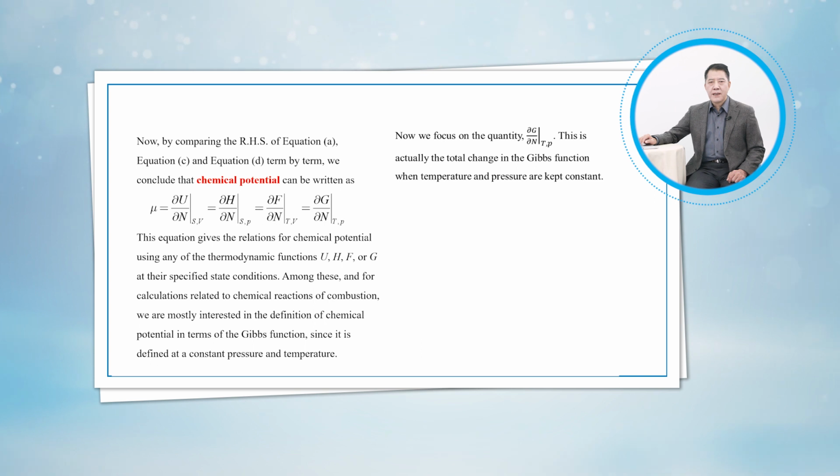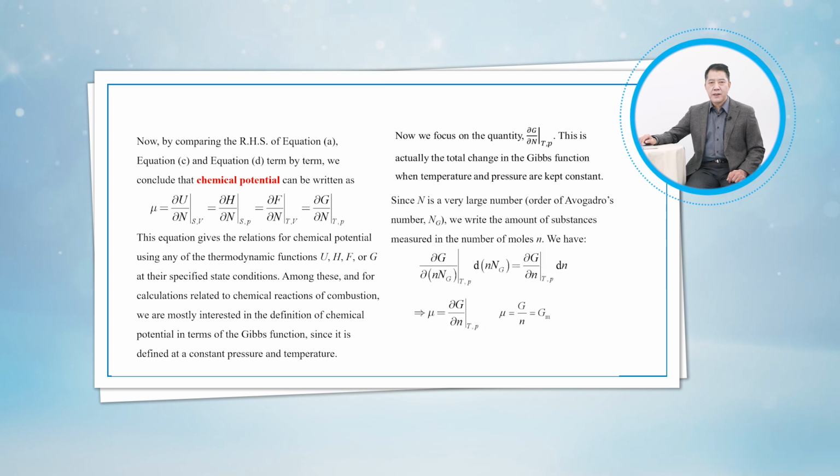Now, we focus on this quantity. This is actually the total change in the Gibbs function when temperature and pressure are kept constant. Since n is a very large number, we write the amount of substance measured in the number of moles n. We thus have, which shows that chemical potential is the same as molar Gibbs function.